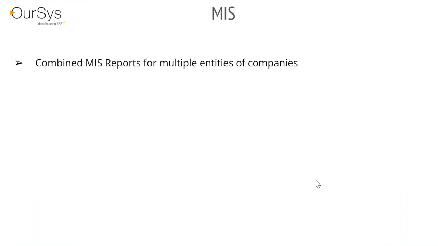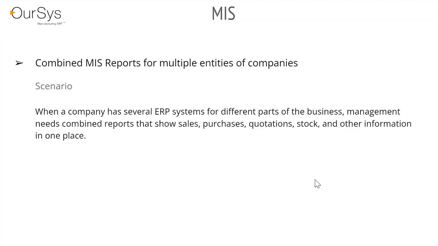Combined MIS report for multiple entities of a company. When a company uses different OurSys ERPs for various parts, let's say there are two companies using OurSys, they have separate databases, separate accounts, and all the activities, that is procurement, sales, store, are kept separately.